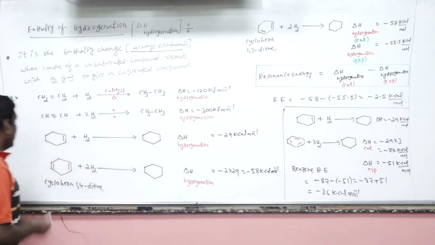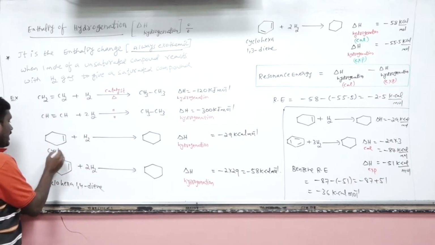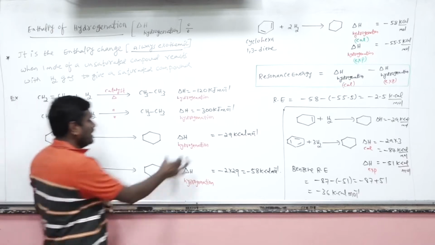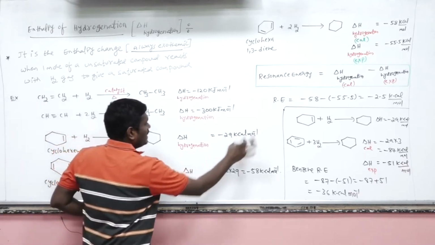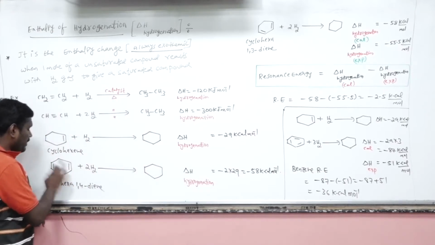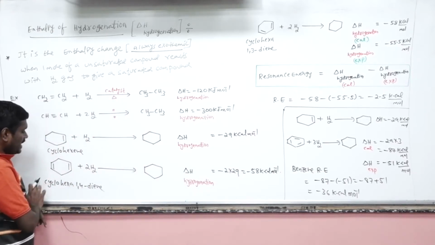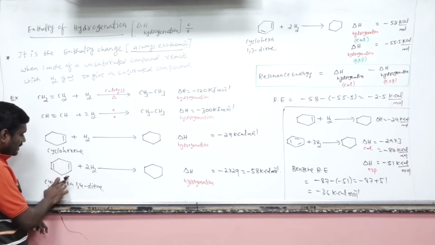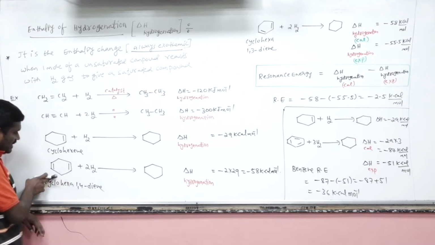Now come to cyclohexene. Here the enthalpy of hydrogenation is minus 29 kilocalorie. This is experimental data. Now I am taking 2 pi bonds, and these 2 pi bonds are isolated. There is no resonance, isn't it? Double bond, single bond, again a single bond, now a double bond.